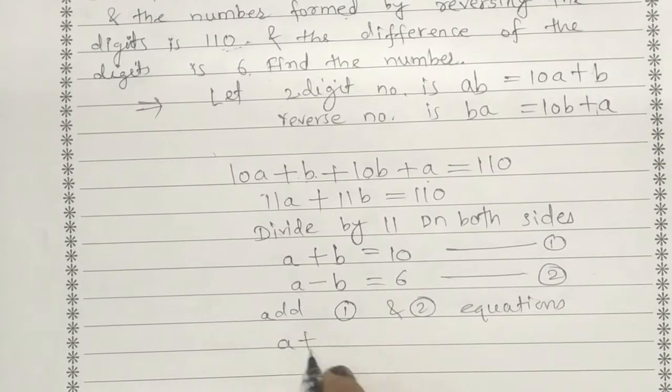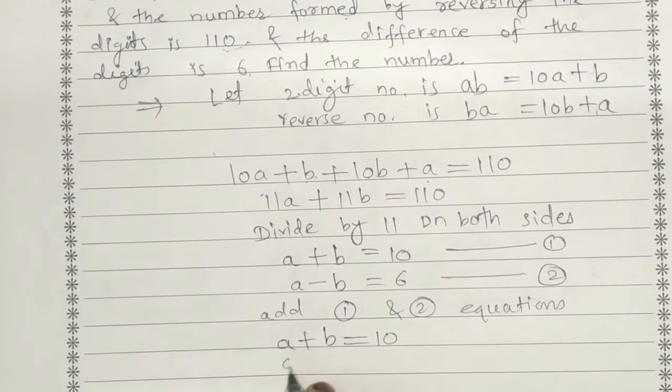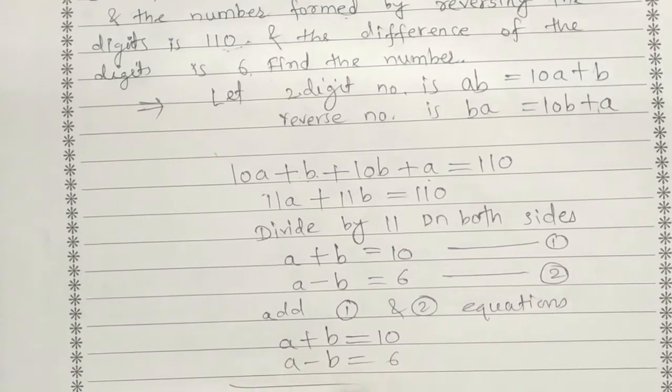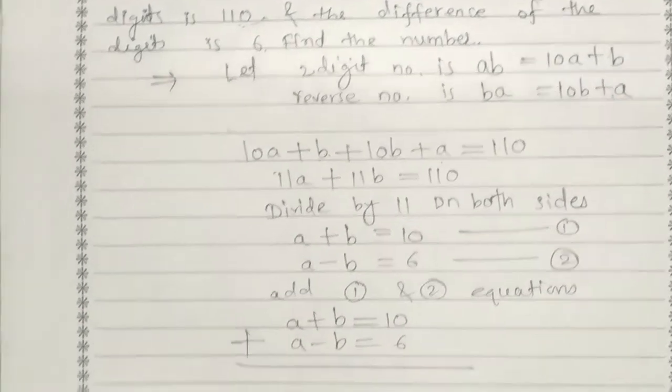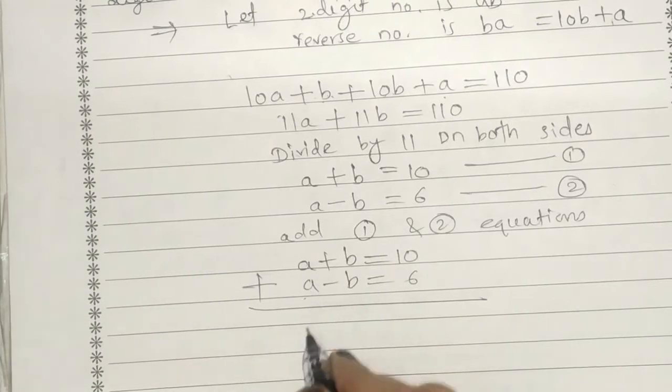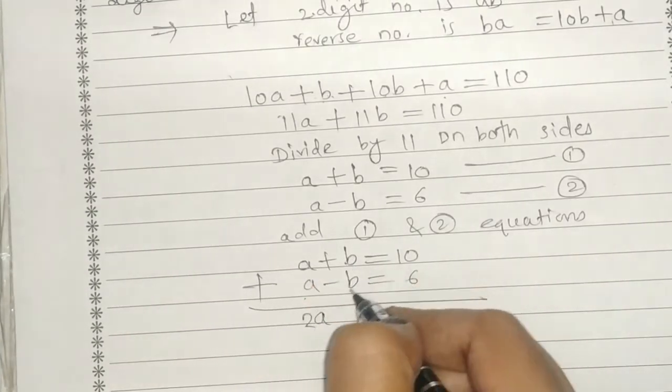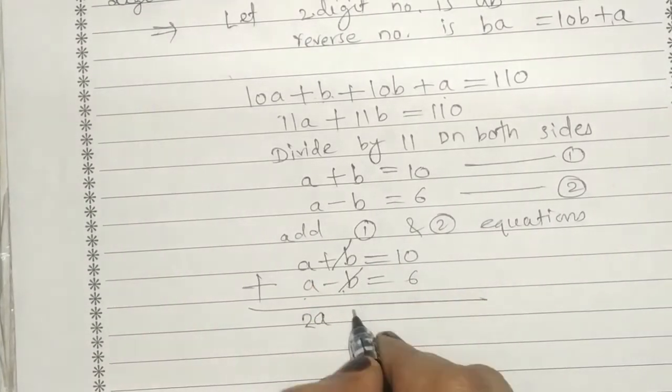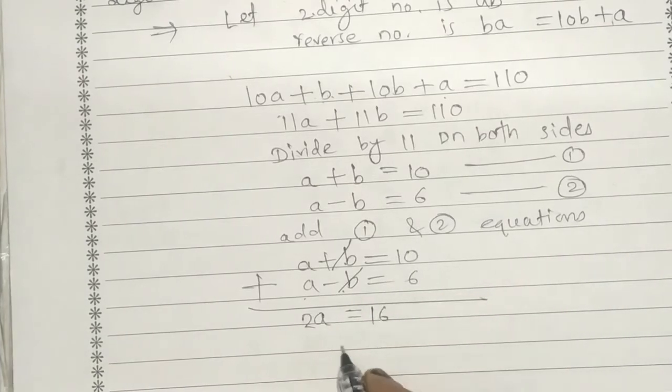I add equations 1 and 2. We'll get A plus A, 2A, and plus B minus B cancel each other. 10 plus 6 will get 16.